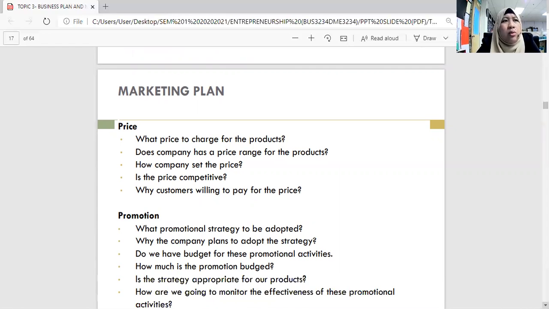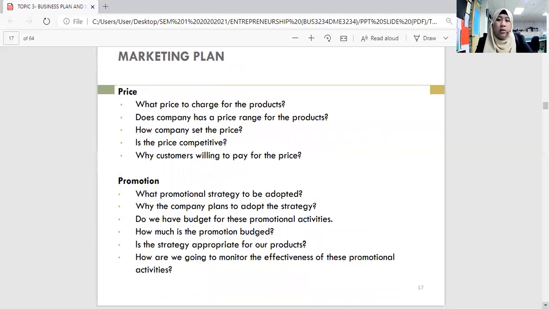So you have to do basically a market survey on this. And we do have also promotion. Okay, what is the promotional strategy to be adopted, and why does the company plan to adopt the strategy? Do we have the budget for this promotional activity?